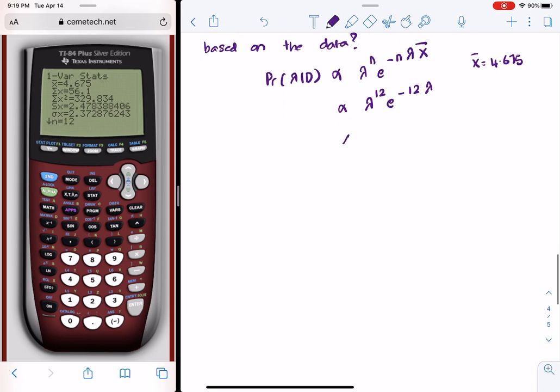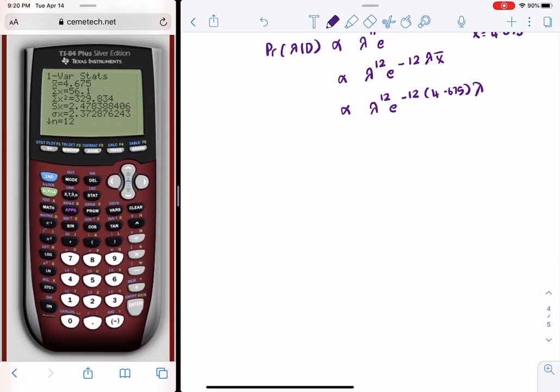So we have lambda raised 12 e raised negative 12 multiplied by 4.675 times lambda. So our objective is to see, well, given the data, is lambda equal to 0.8?